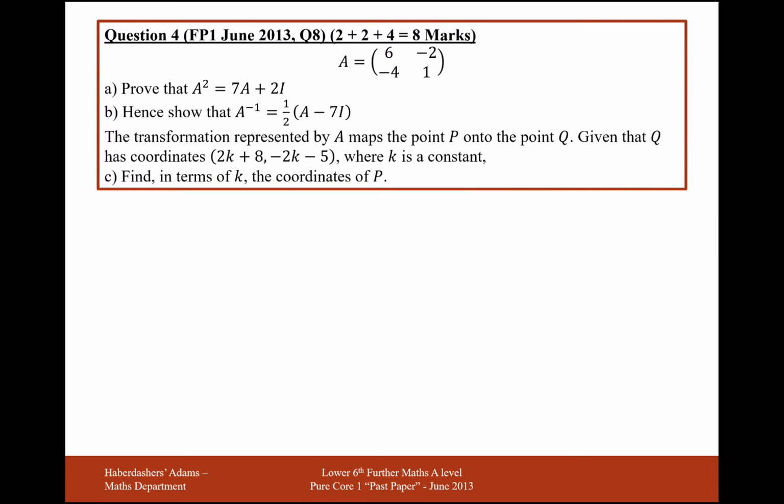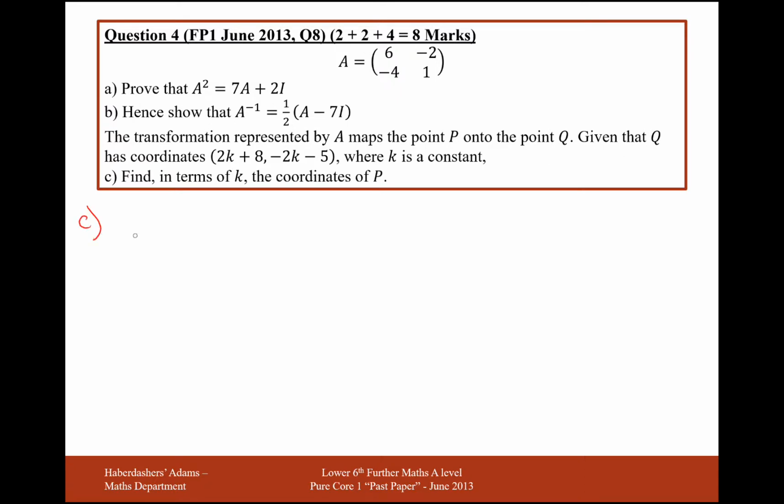Okay, the next question: the transformation represented by the matrix A maps the point P onto the point Q, given that Q is this coordinate, where k is a constant. Find P in terms of k.